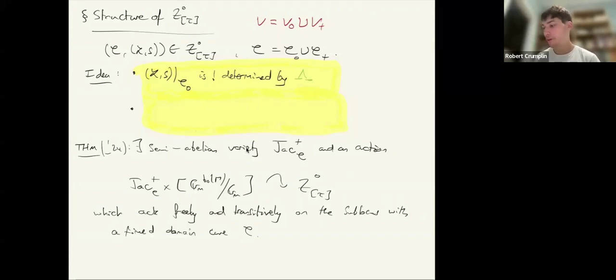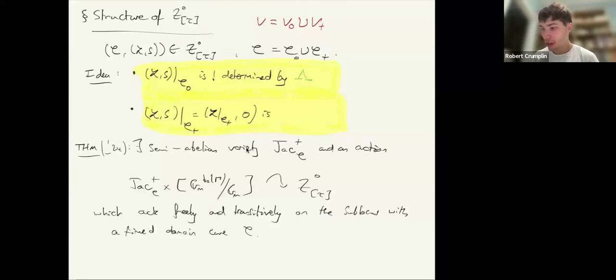So on the locus where the section doesn't vanish, there's actually no freedom in the line bundle section pair. It's basically just the curve. However, if we instead look at the restriction to the locus where the section does vanish, so this is now just L restricted to C plus and 0, because the section is identically 0 on C plus.